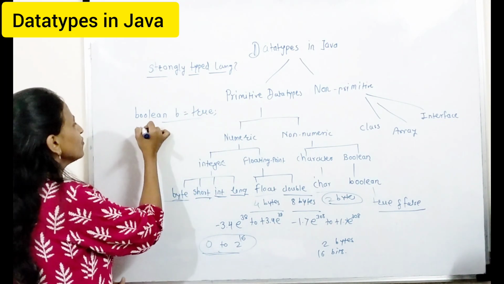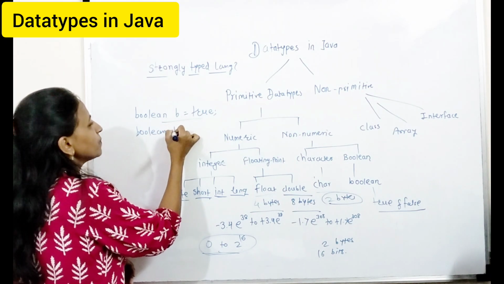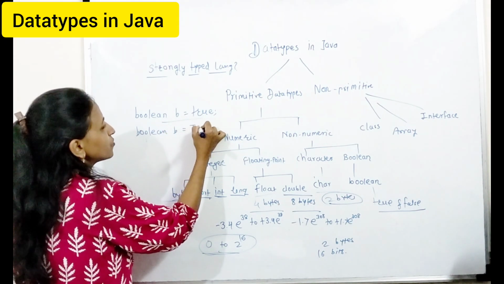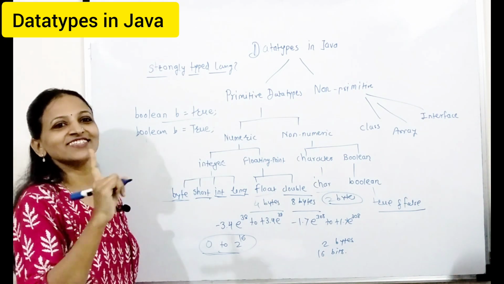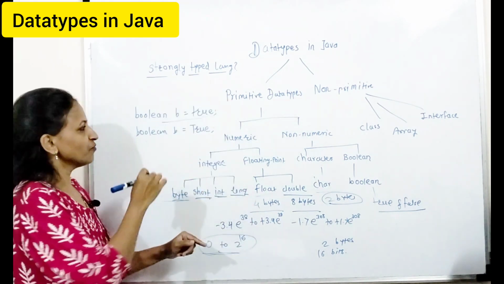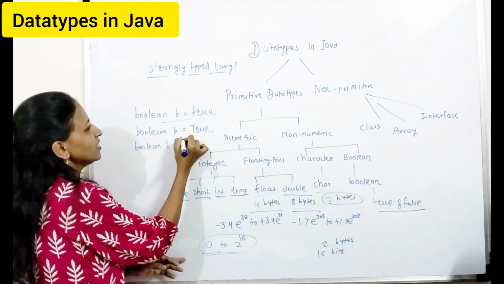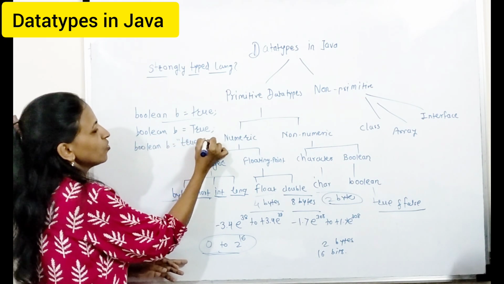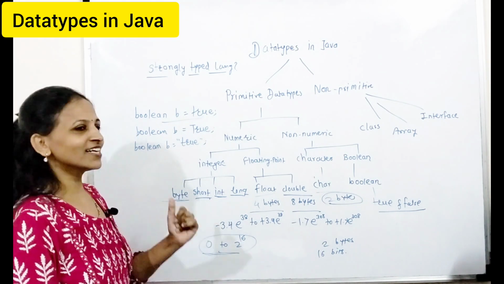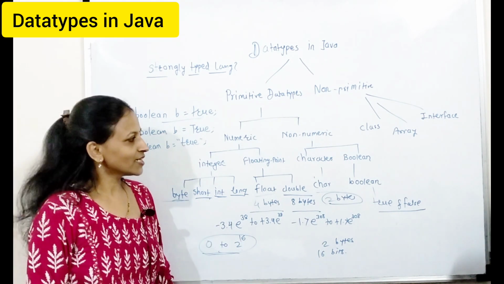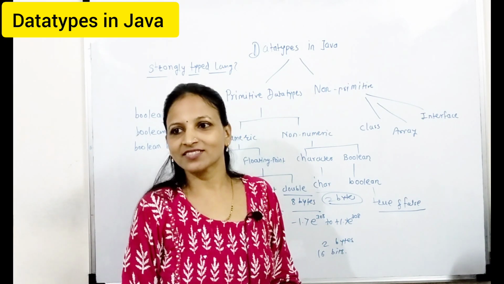If you have written boolean b equals capital True, then you will get an undefined symbol error. If you have written boolean b equals "true" in double quotes, you get incompatible types. Getting? Because this will be considered a string now. This is nothing but a boolean data type, and the only possible values are true or false.